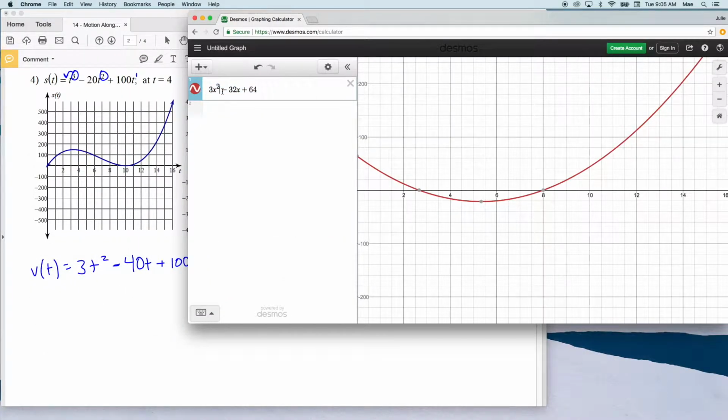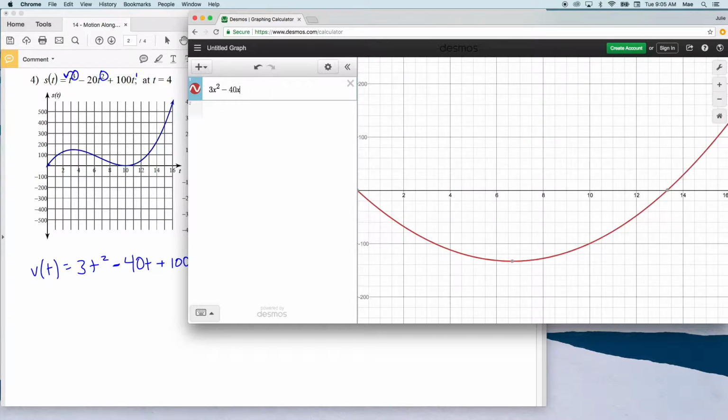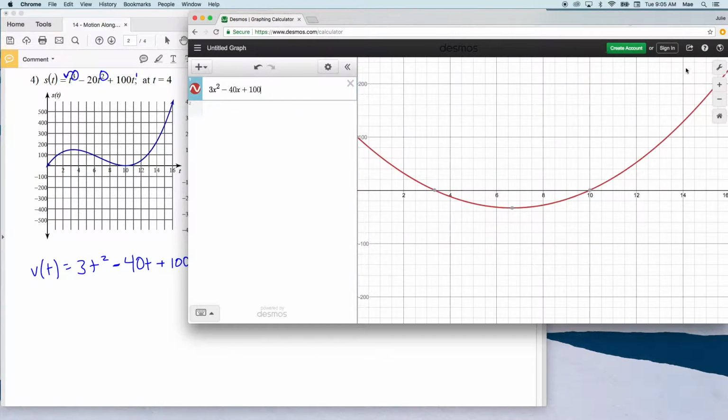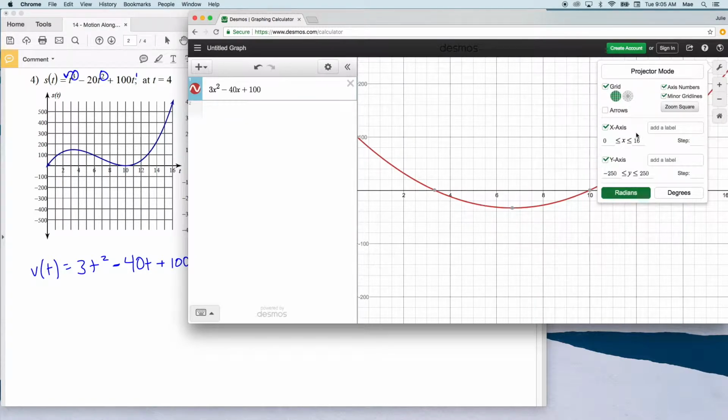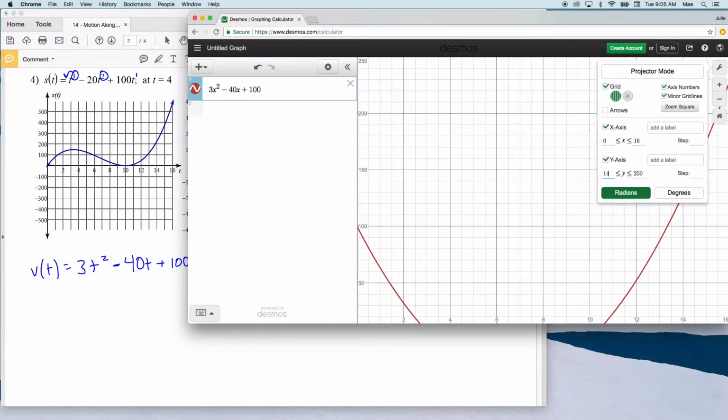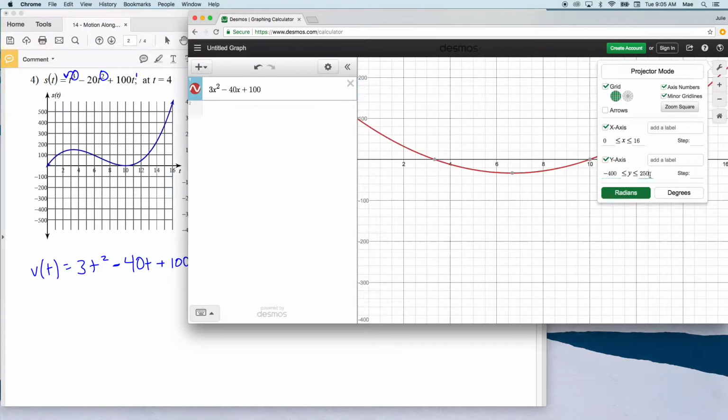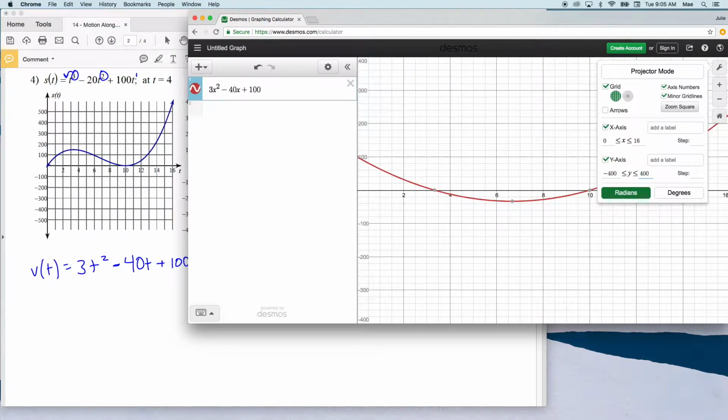So again, we have 3t squared, or 3x squared, minus 40t, minus 40x, plus 100. And I'm going to adjust my scale because I'm going from negative 400 to positive 400 in the y.